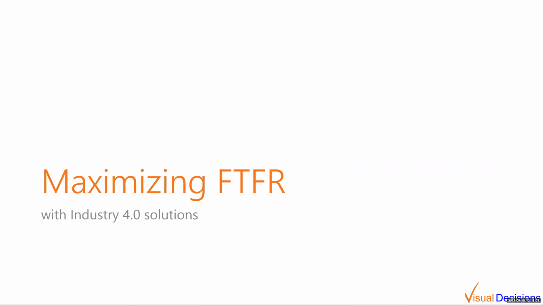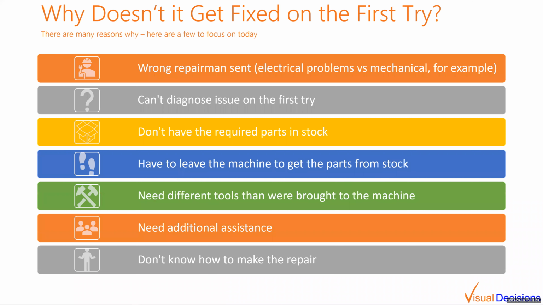All right. So then in terms of maximizing the first time fix rate, why doesn't something get fixed on the first try? There are many possible reasons. I talked a little bit about electrical problems versus mechanical. A lot of times maintenance is just kind of guessing what the problem is and sending a repairman out there that may be qualified on one type of issue, but not a different type.